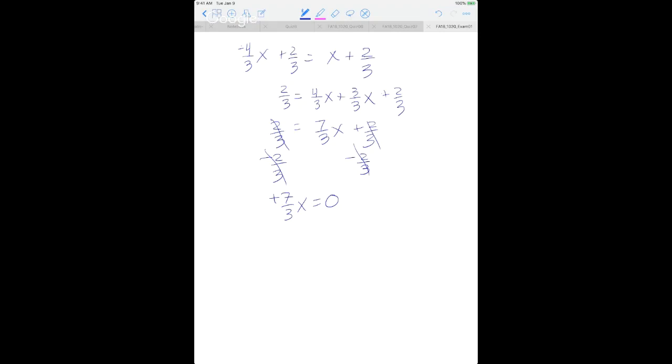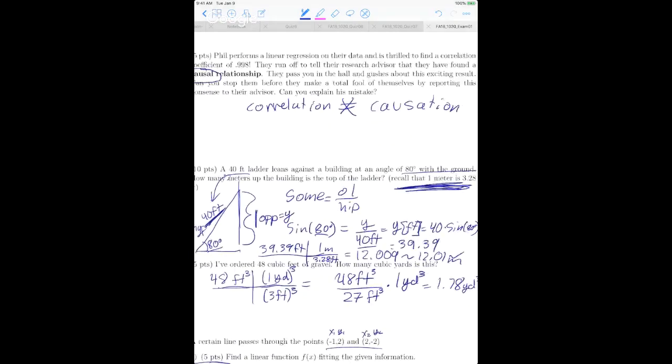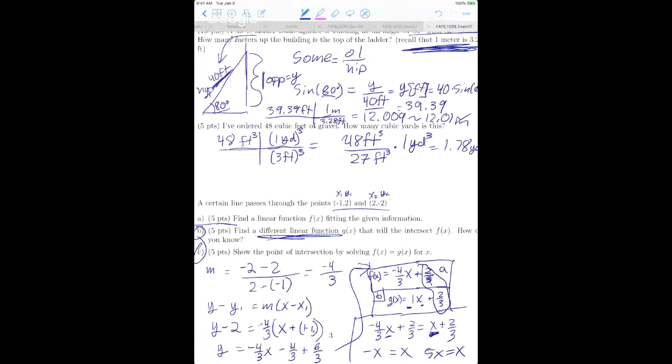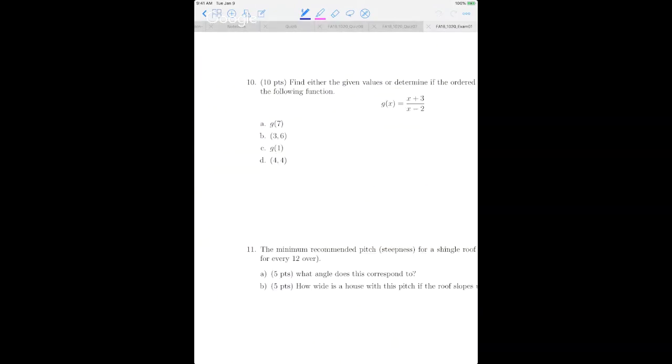Well, there's definitely only one way to make that true. So what we knew kind of by intuition here, by reasoning it out, is indeed true by performing the algebra steps.